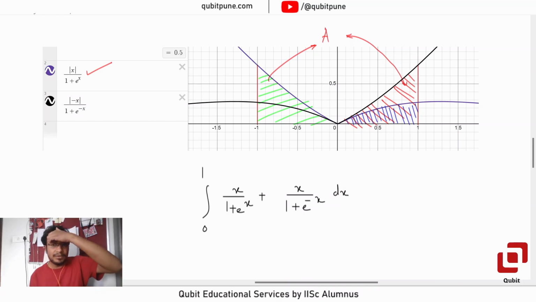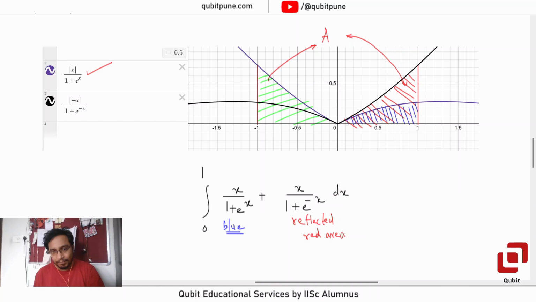Among them, the first part is essentially the blue area, but the second part corresponds to the reflected red area. It is originally green, but because of its reflection about the y-axis it became red, or positive. Is it clear?